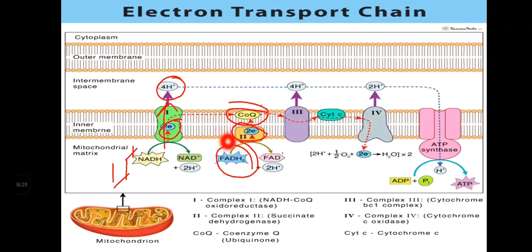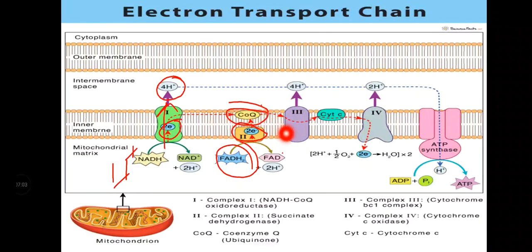Then complex 2, also known as succinate dehydrogenase, receives electrons from FADH2, which gets converted to FAD as it donates the 2 electrons. These electrons are also donated to ubiquinone, or coenzyme Q. This is a carrier protein. As it receives these electrons, it gets energized and transports them to complex 3.